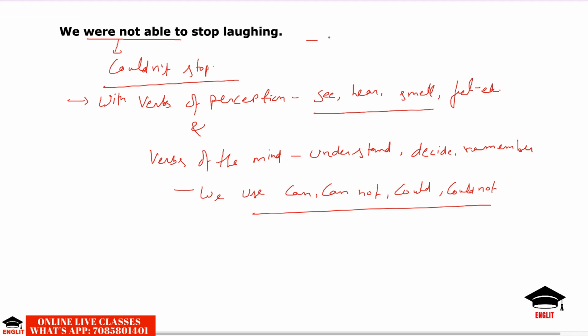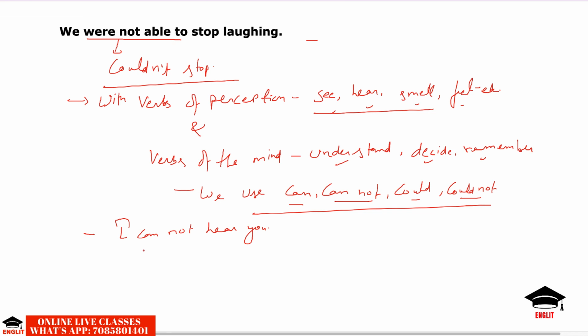With normal actions, we can use is, am, are, was, were plus not plus able to, or is, am, are, was, were plus able to. लेकिन see, hear, smell, feel, understand, decide, remember, these kind of verbs we use can or cannot, could or could not. We can have some more examples like I cannot hear you rather than I'm not able to hear you.